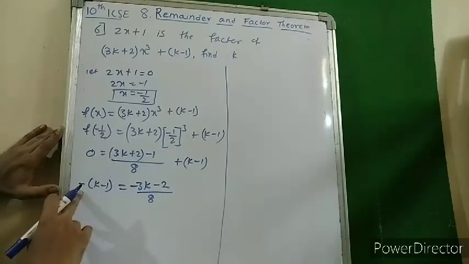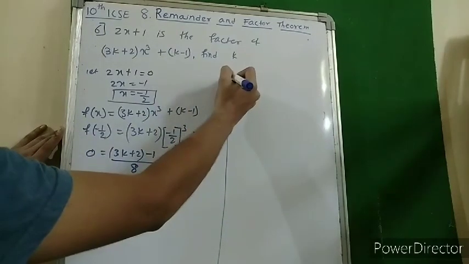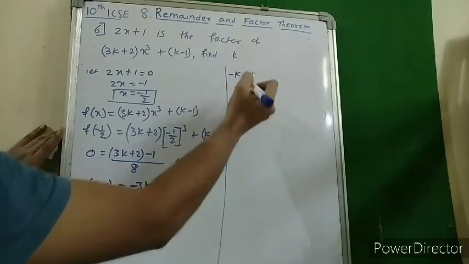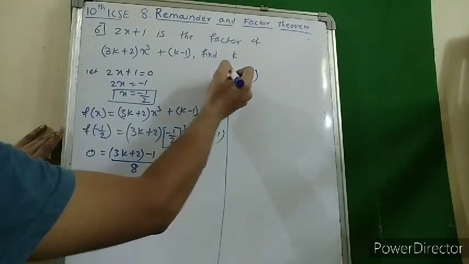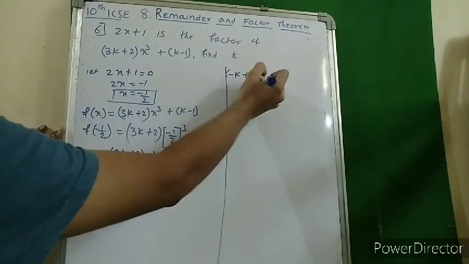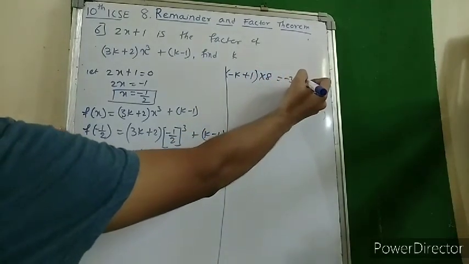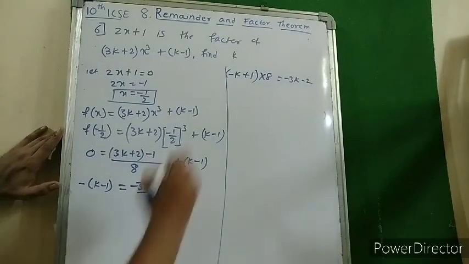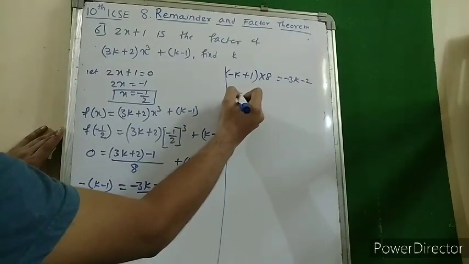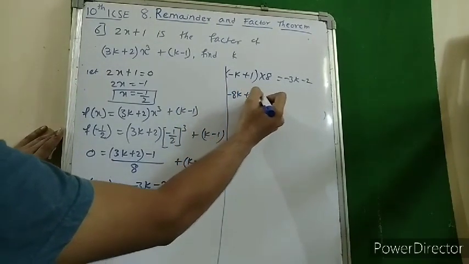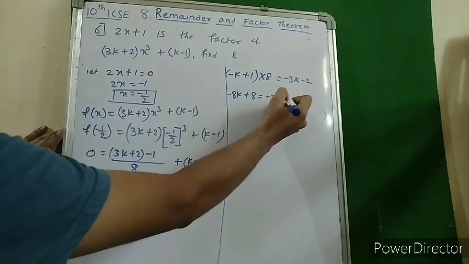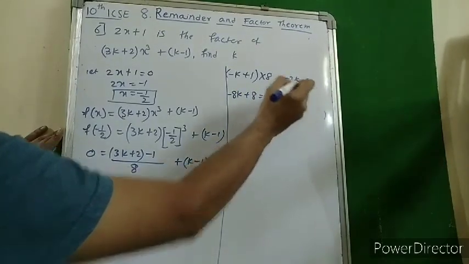Before multiplying by 8, I'll open the bracket for the minus sign, so it is minus k plus 1. Multiply by 8 is equal to minus 3k minus 2. When I open the bracket, I have minus 8k plus 8 is equal to minus 3k minus 2.